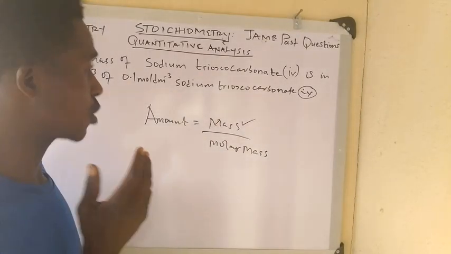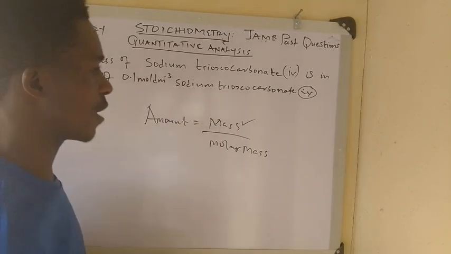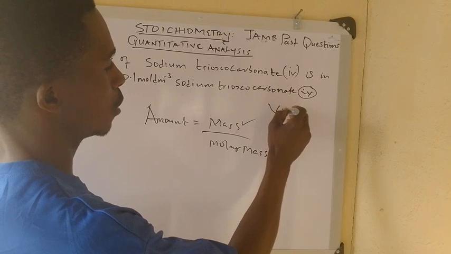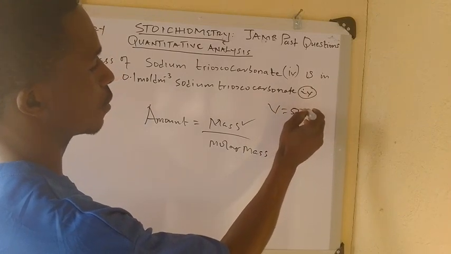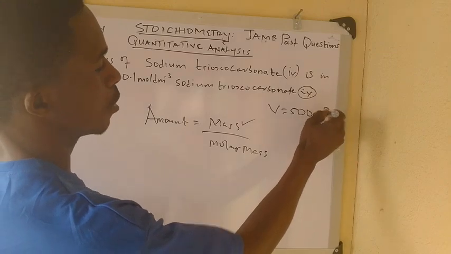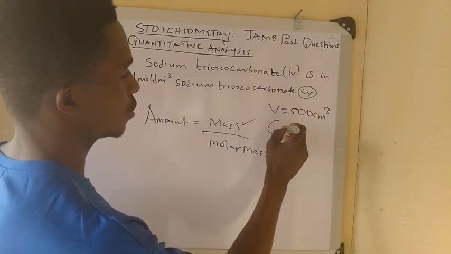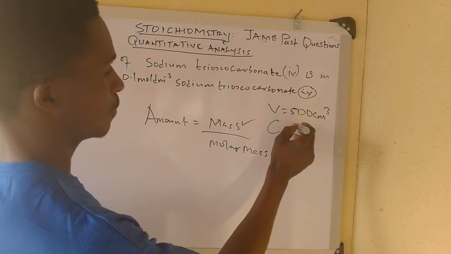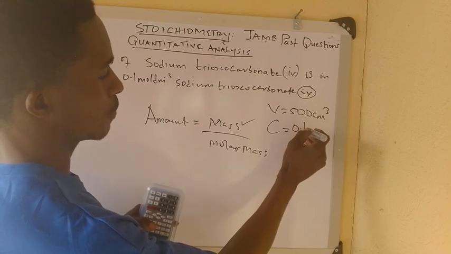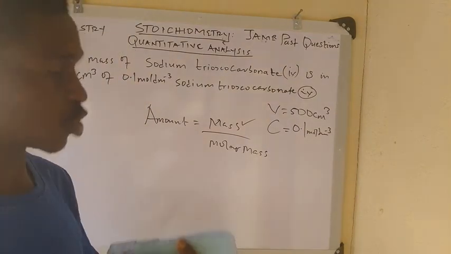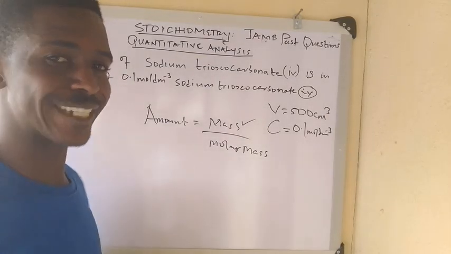But if you look at the data that we are having here, we have volume, which is 500 cm³. Then we have concentration, which is C, to be 0.1 mole per dm³.